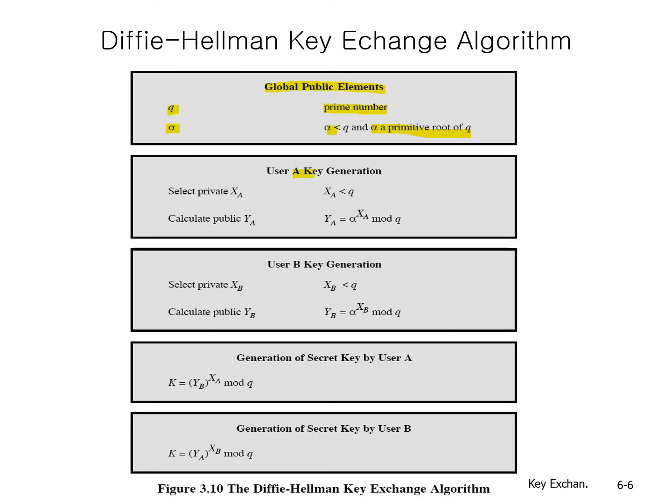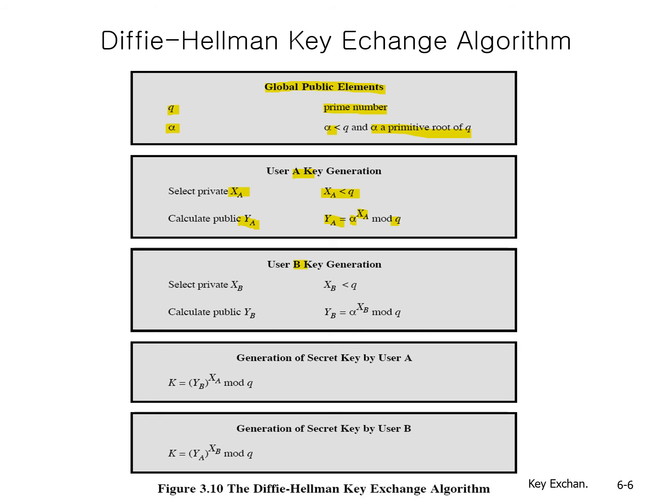On the A side, select private XA less than q, and calculate YA as a function of XA based on alpha and q.